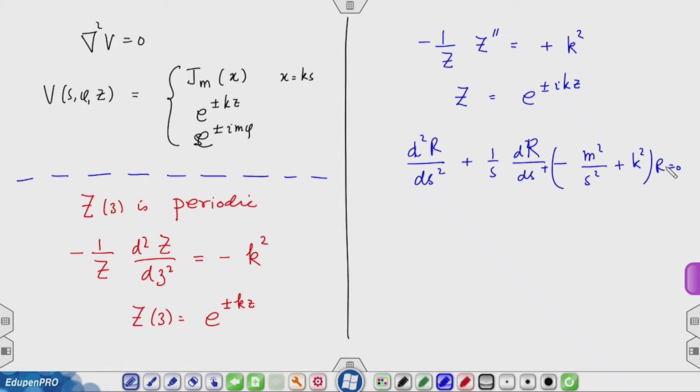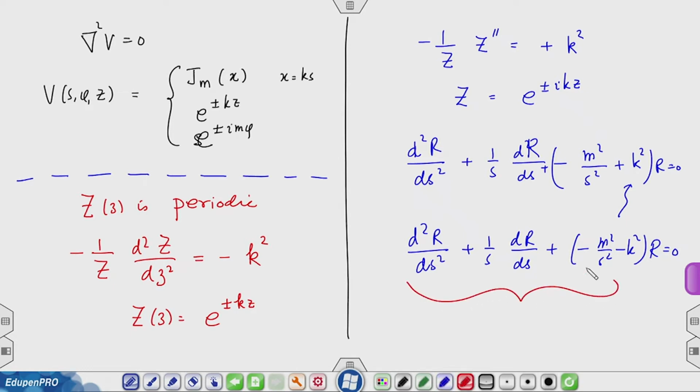I replace that k square by minus k square, and I get d2R over ds square plus 1 over s dR over ds minus (m square over s square plus k square) R equals 0. The solutions, and we will discuss them in detail in the next lecture, are the modified Bessel functions.